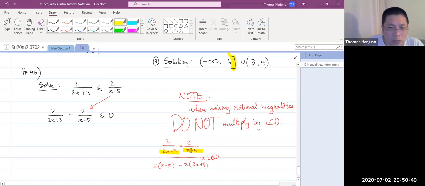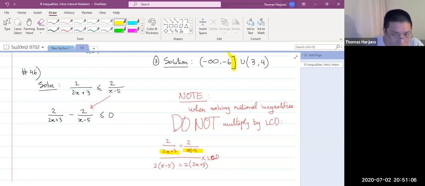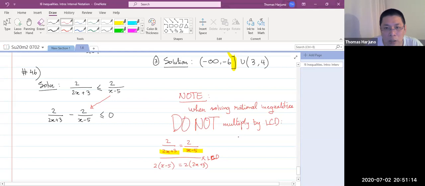You see that 2x plus 3 can be positive, can be negative. x minus 5 can also be positive or negative, depending on what your x is. But in an equation, it doesn't matter if it's positive or negative. When you multiply by 2x plus 3, it will still be an equal sign, however you reverse it. But when it comes to inequality, this step is not possible.